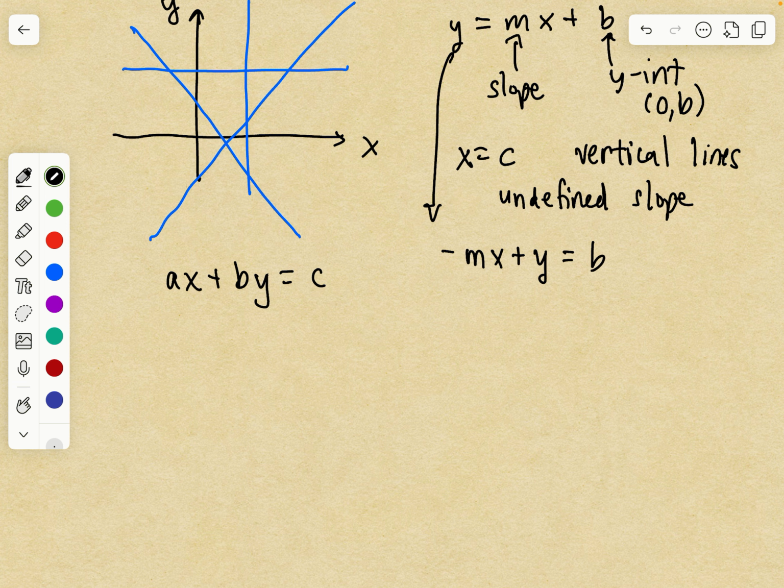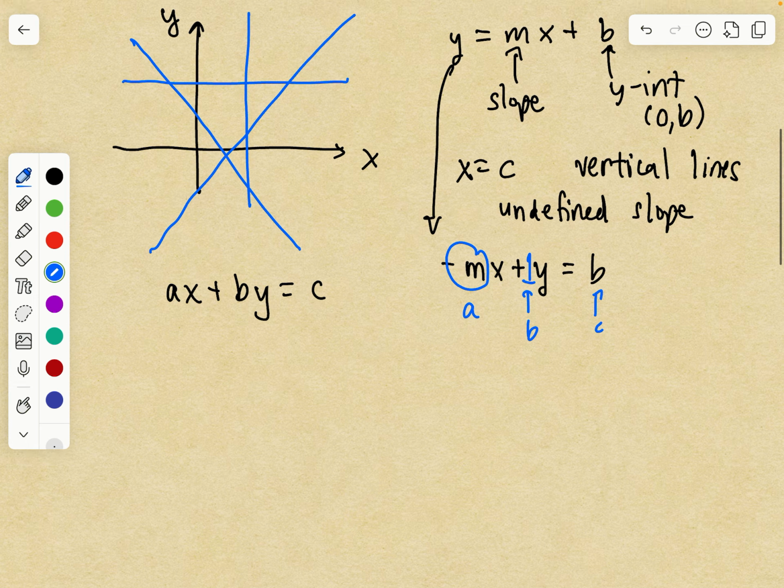This has the form ax plus by equals c, so your a is going to be negative m, your b is going to be 1, and your c would be b. That's how you match it up with ax plus by equals c.